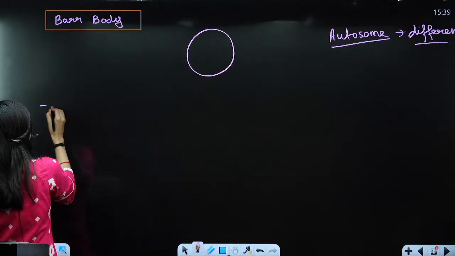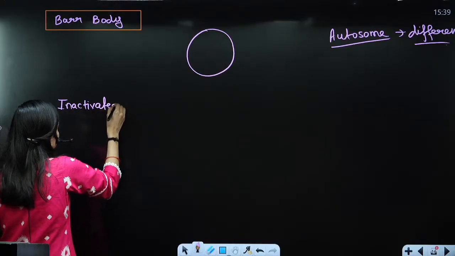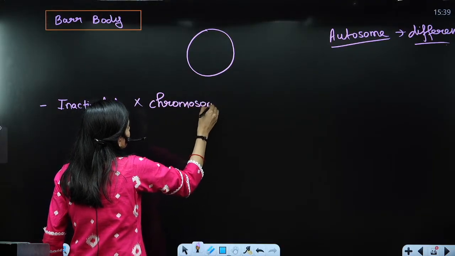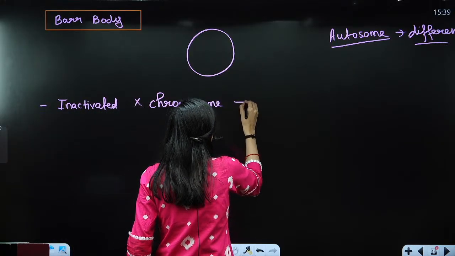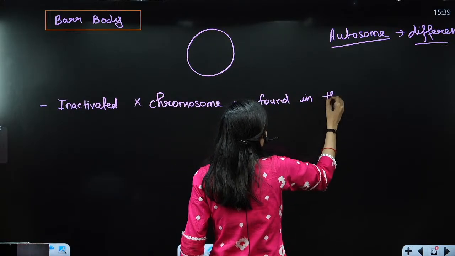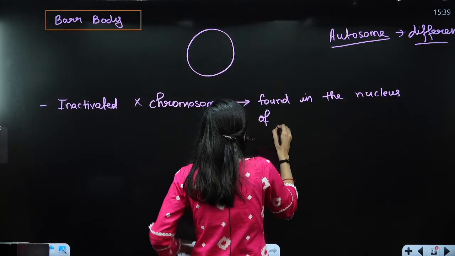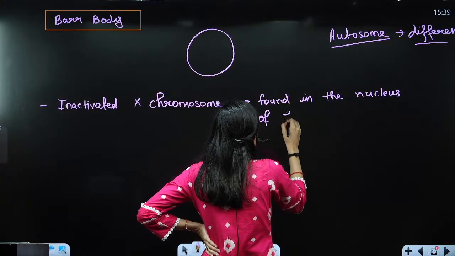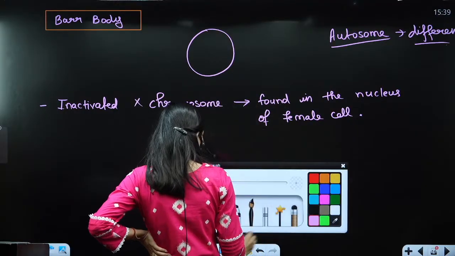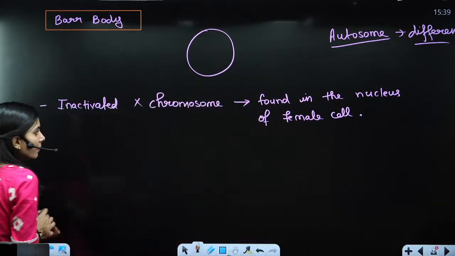So the Barr body is the inactivated X chromosome found in the nucleus of a female cell. This is how the Barr body is found.